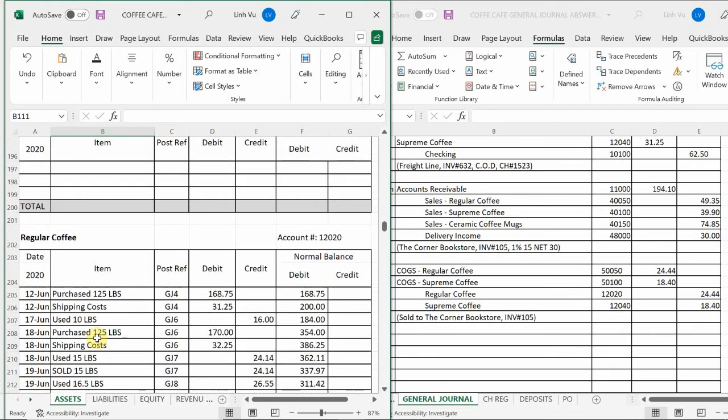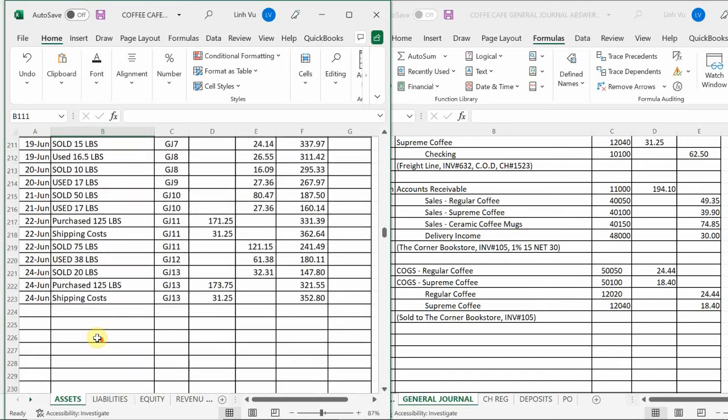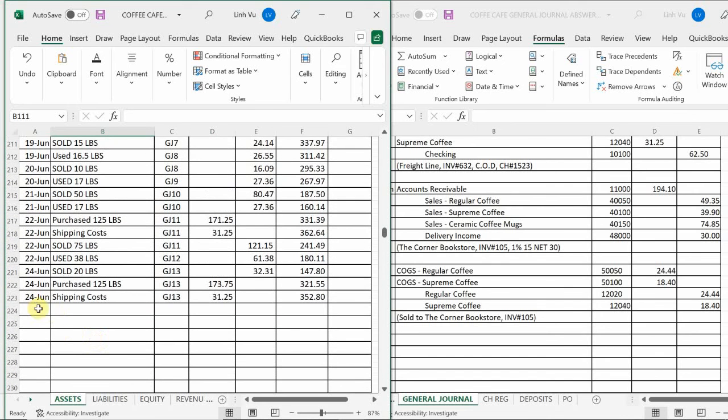Okay, so we need to update our inventory. So starting with my regular coffee. We sold 15 pounds, which resulted in minus 24.44.